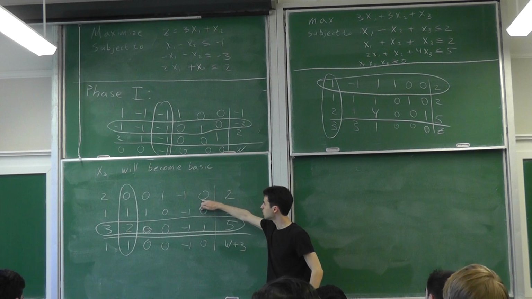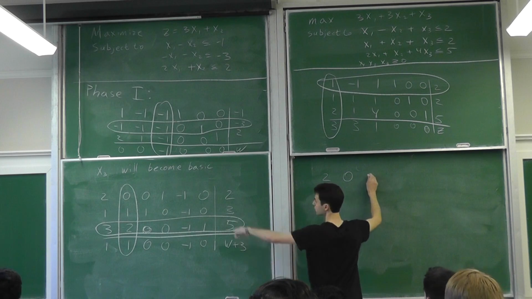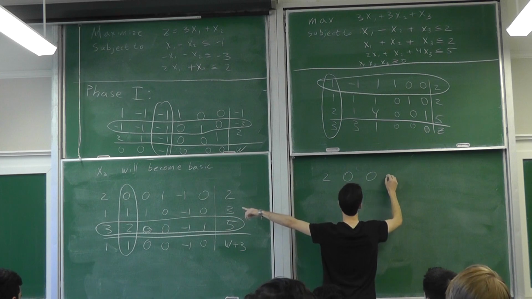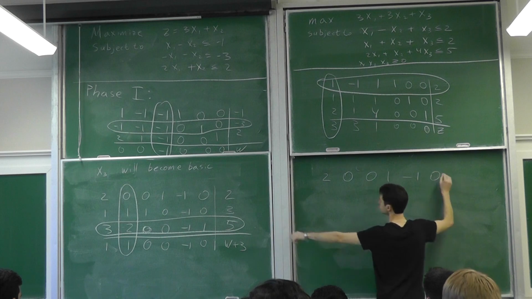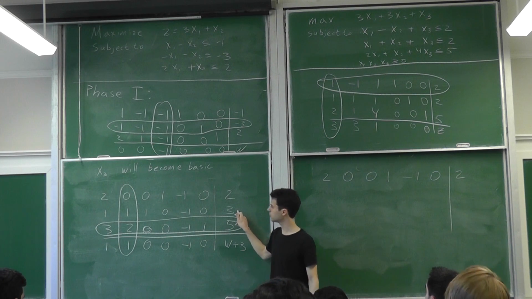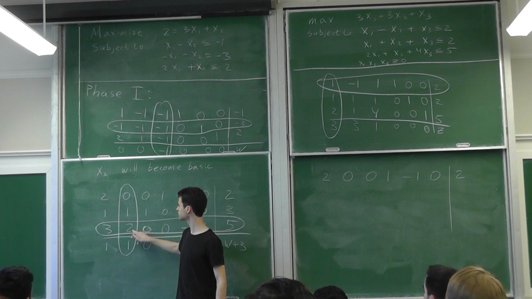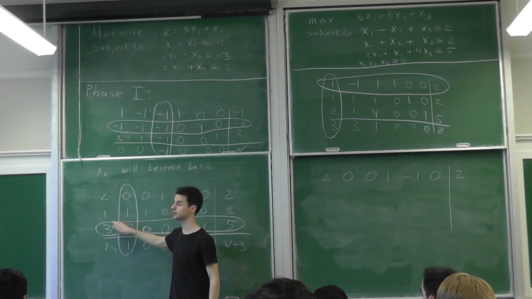Okay, so first row, I leave it as it is. 1, 0, 2. Second row, well, I want this to be 0. So I have to subtract 1/2 times the third row.